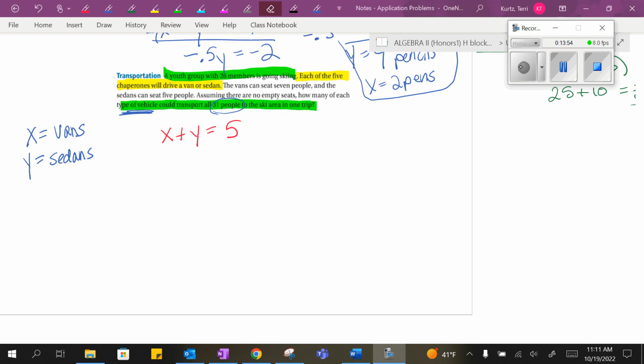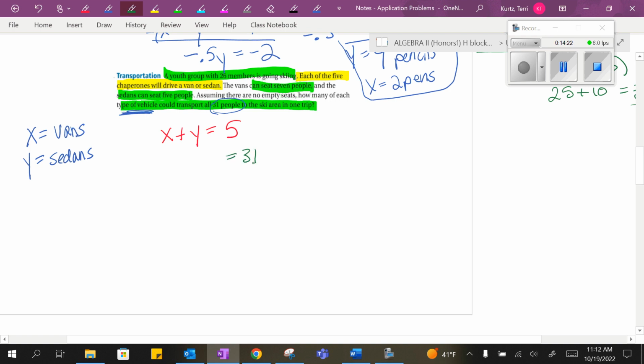Our next equation is going to concern how many people can fit in each vehicle. Okay, now this is a little confusing in the fact that when it talks about a van can seat 7 and the sedan can seat 5, that actually includes the driver. So when we're making sure we have seats for everyone, we're going to want to use the fact that we've got 31 total people that need to have a seat.